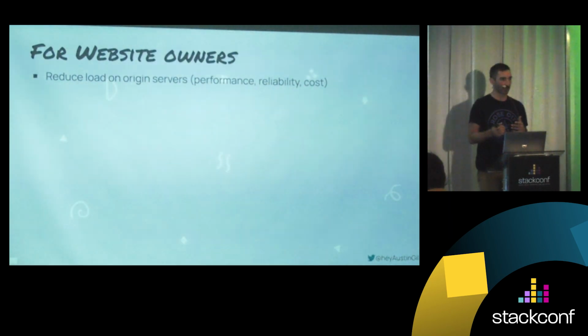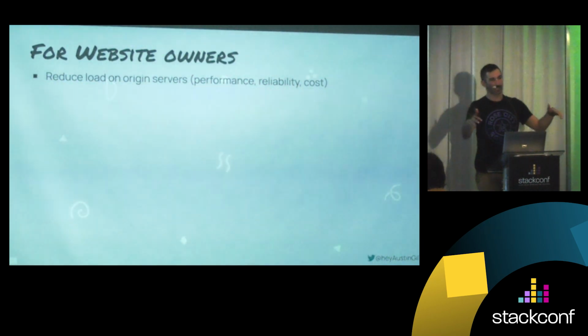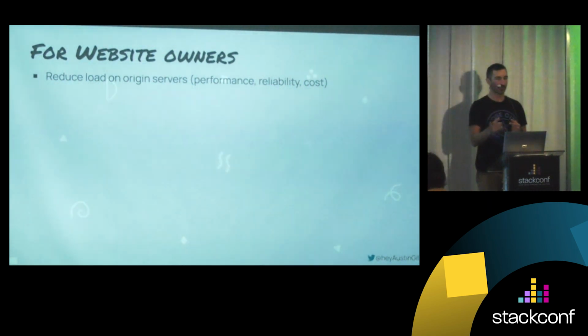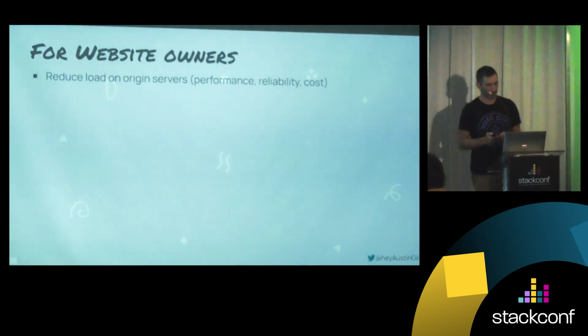Or if you see that you've moved a lot of the work off of the origin and into the edge nodes, then you can actually consider reducing the cost of the origin server because you can downgrade the resources or the tier that server might need.